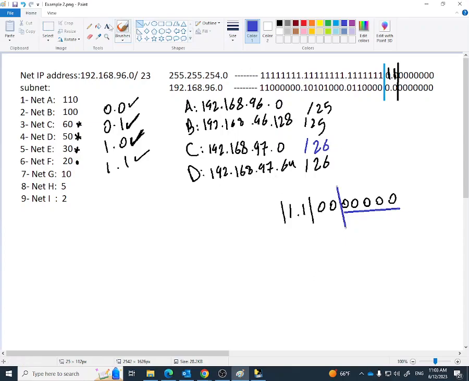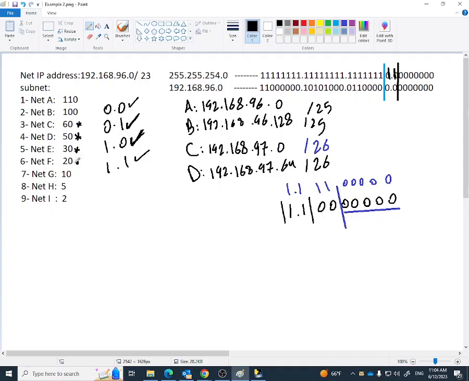So if I want to put the subnet mask, it was 1.1, and now I'm borrowing 2, so that will make it 1, 1, and the rest are going to be simply zeros. This is the subnet mask. Well, but we were more concerned about the IP address. So let's go ahead and look at those possibilities.